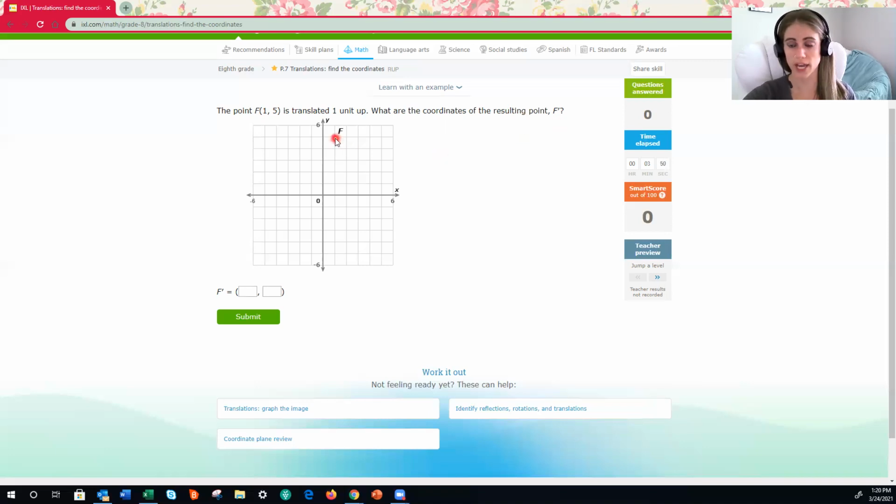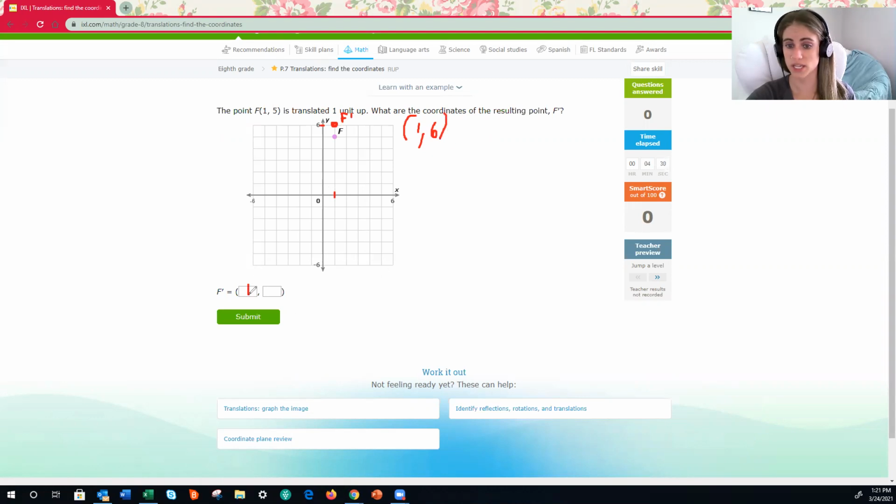If I have point F and I'm translating it 1 unit up, that means I'm literally just going to shift it up 1 unit. Let's draw that in red. So 1 unit up would be right here, F prime. And then what would be the ordered pair for that point? Our X value is right here at 1, and then our Y value is right here at 6.